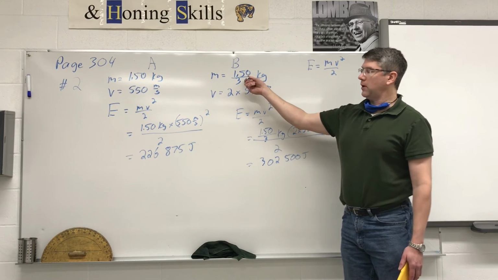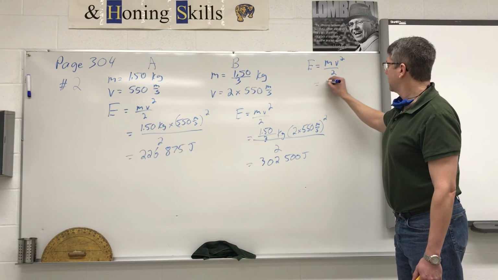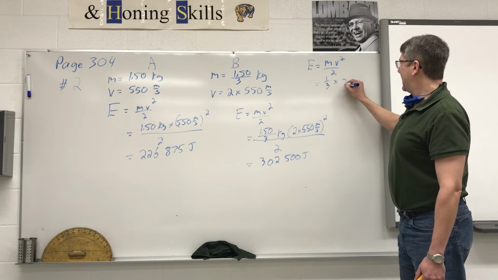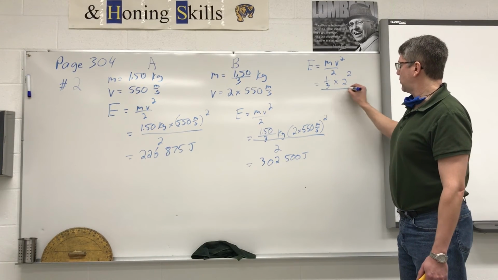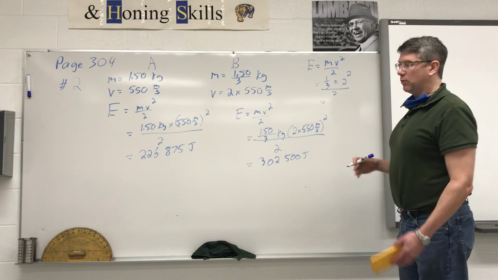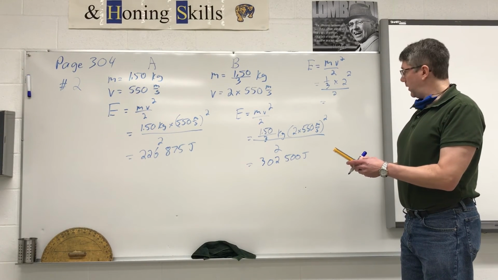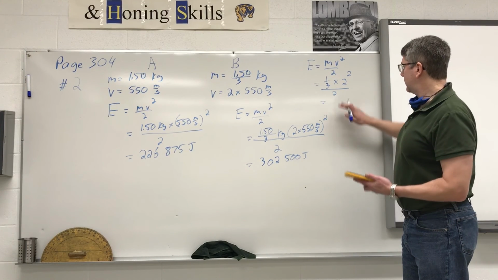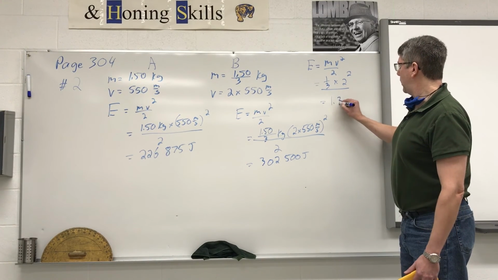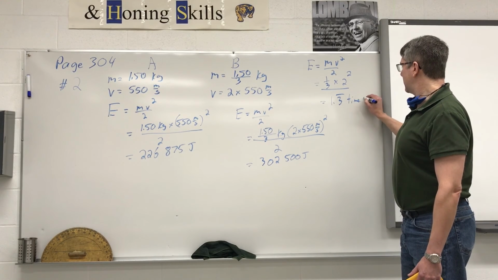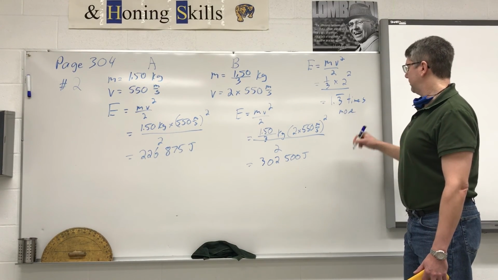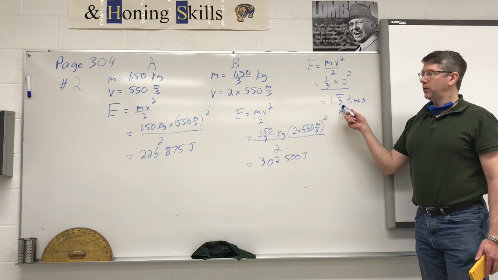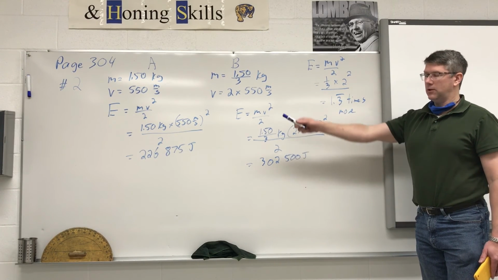If we are going to put in 1/3 the mass and double the velocity, which we have to square, then this will show us what the ratio is. So if we go 1 divided by 3 times 2 squared, we're going to find that we have 1.3 repeating times more energy. So B is going to have 1.33 times as much energy as we do in this case.